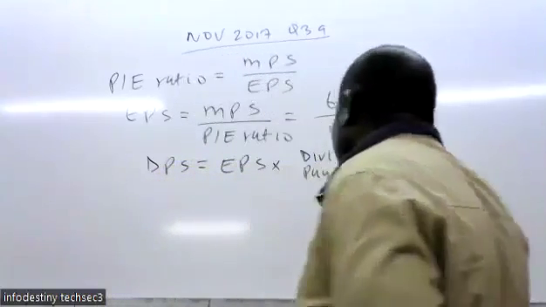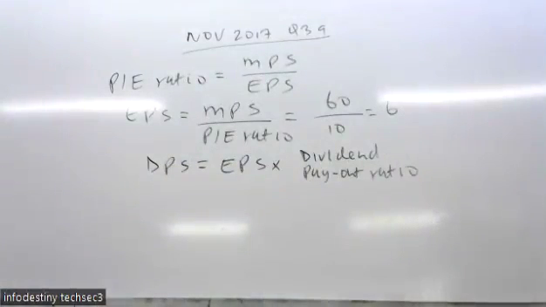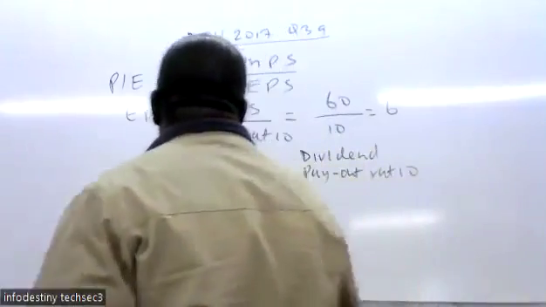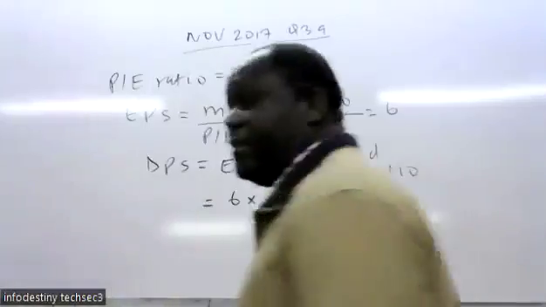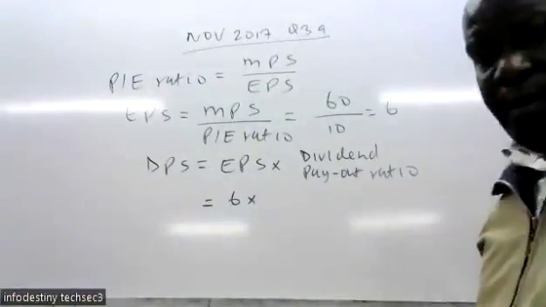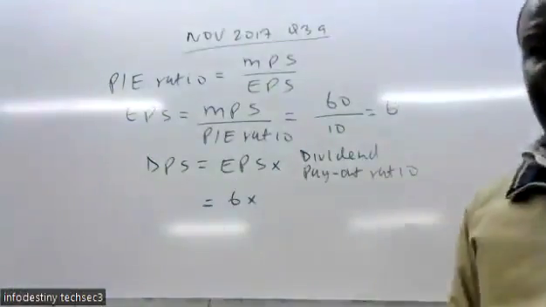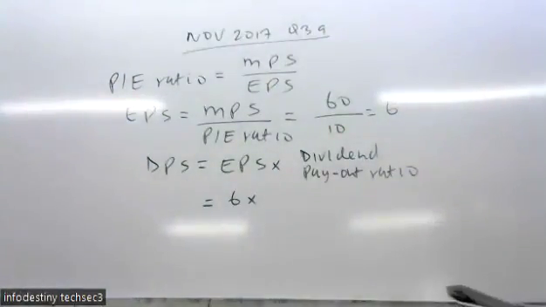Earnings per share is the one we have just calculated. The question gave us the dividend payout ratio, which is 40%.